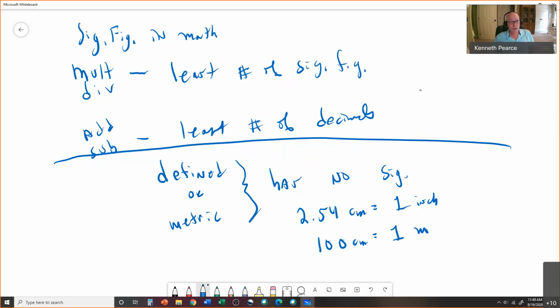Now look, we're going to be doing lots and lots of calculations as the semester goes along. Every calculation, whether you're doing them on your own, we're doing them in class, or we're doing them in lab, you must use sig figs. Now, remember what I said, sig figs is for the calculator answer. So you don't ever round until the very end, okay? If you have more than one step, carry extra digits.